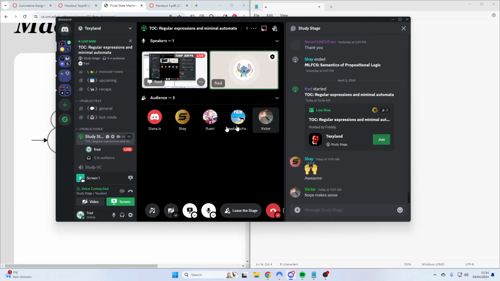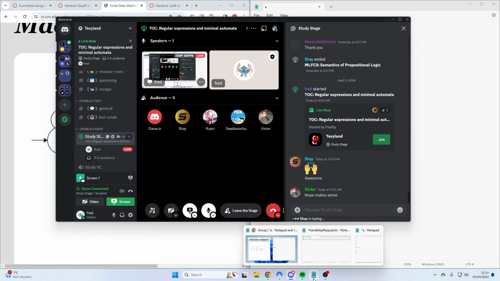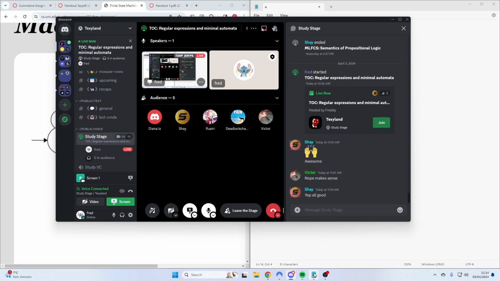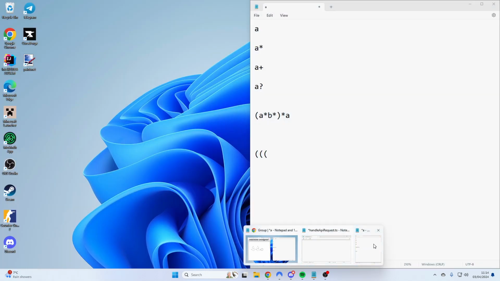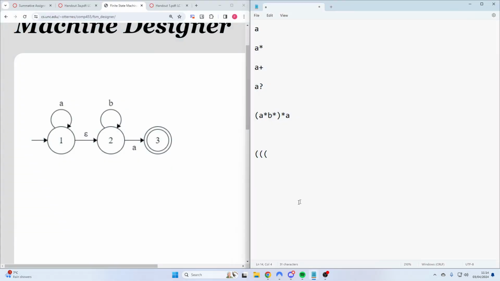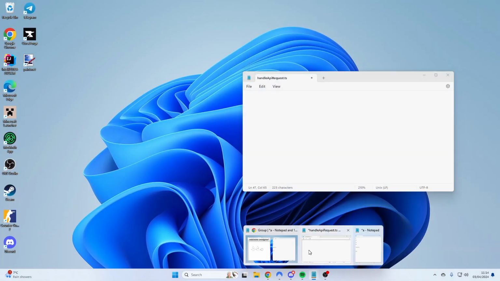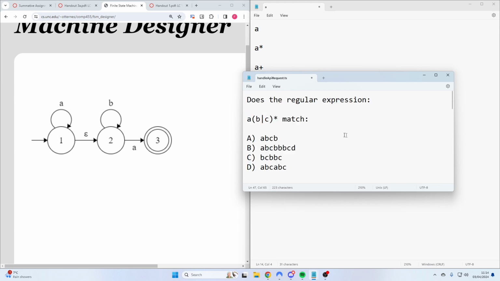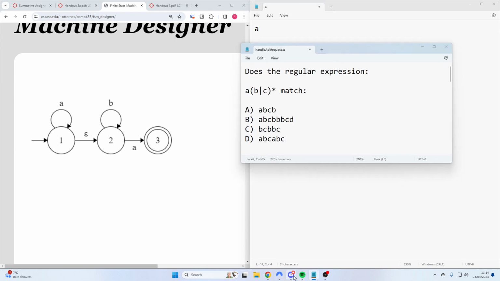So I don't know if I've missed anything in regular expressions. Yeah, so I just did a few questions, if I remember where I put them. Just to check on the regular expressions.